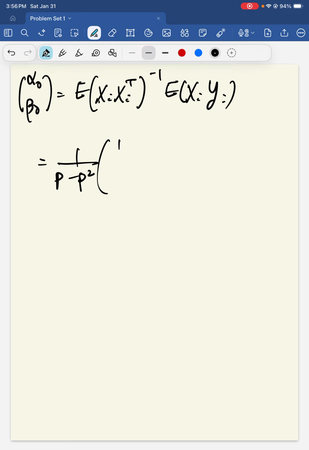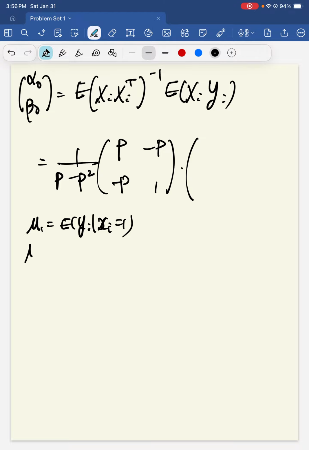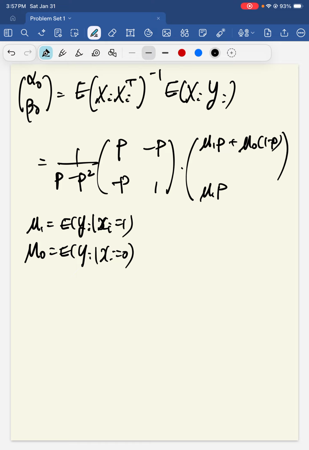Let me write mu 1 as expectation of y given x equals 1 and mu 0 as expectation of y given x_i equals 0. Then here we get mu 1 P plus mu 0 times 1 minus P, and here mu 1 P. This is what you have to calculate.